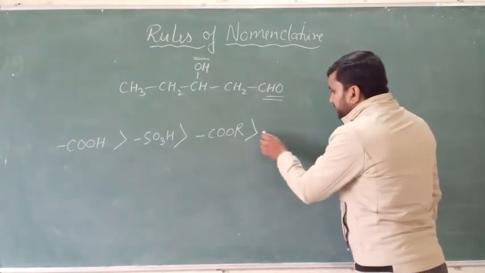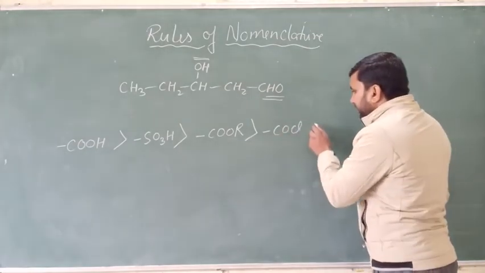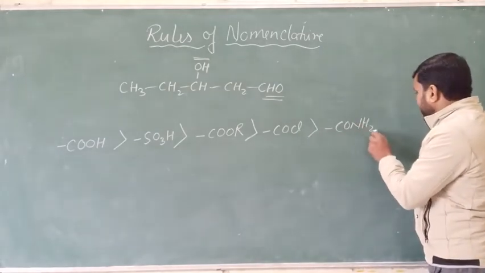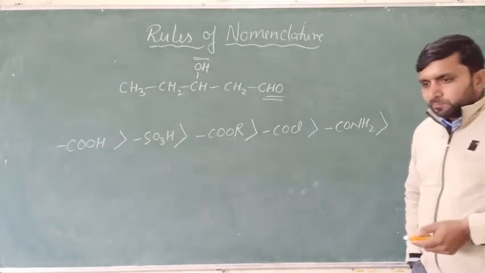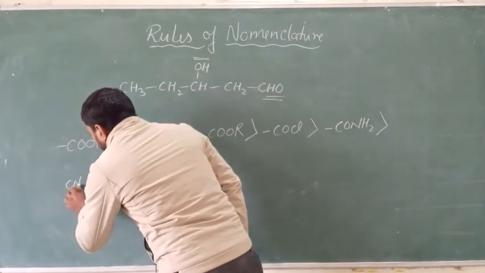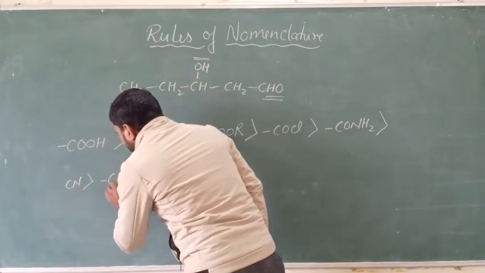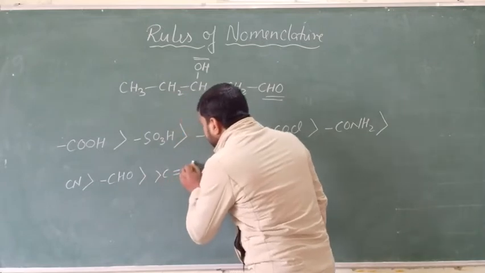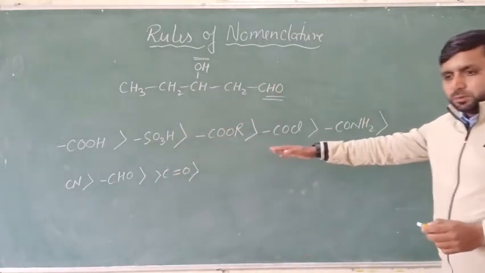What are they? Next, COCl, next CONH2, next after CONH2 there is CN, I am writing here, next CHO, next ketone. Okay, I think it is clear to you.